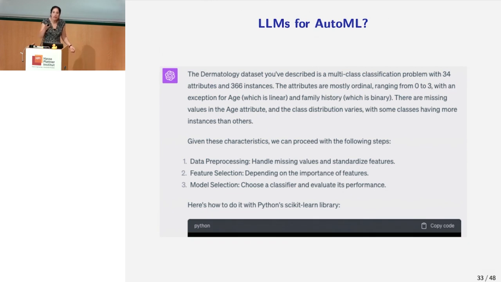On the other hand, you have to be very careful here with training and testing, because the dermatology data set description and many analyses of the dermatology data set already exist online. They existed online before ChatGPT was trained. So you can't trust that the results of these large language models on any data set that appeared online before March 2021 are actually valid out of sample results.